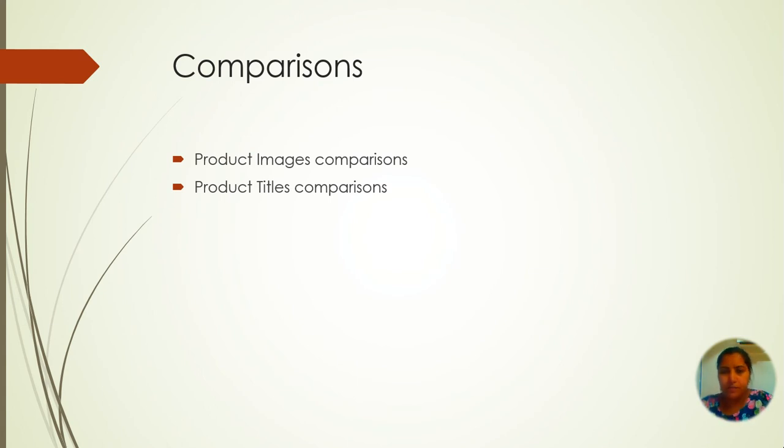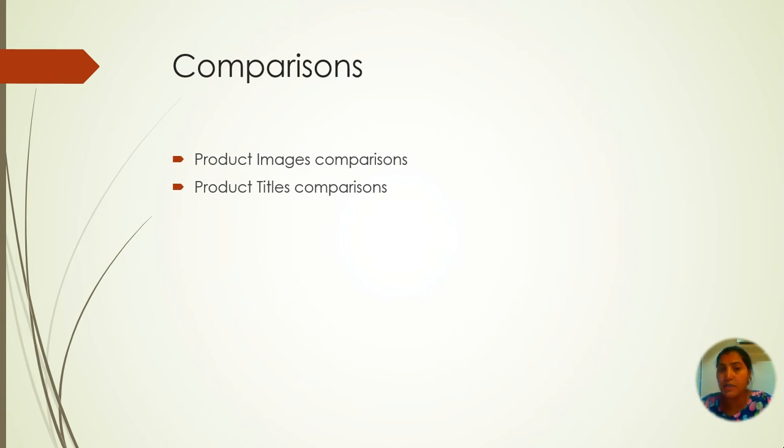We cannot compare images one by one, meaning we cannot compare each and every image. Instead, we convert the image into a numerical format, and in the same way we can convert the title into a numerical format, which a machine can understand.